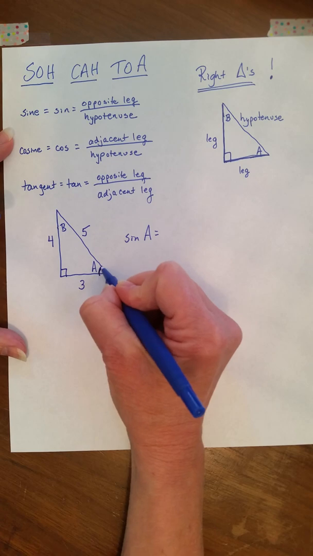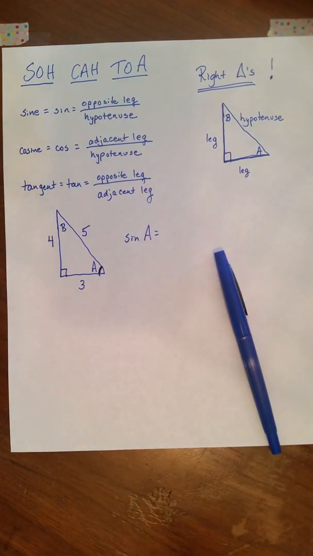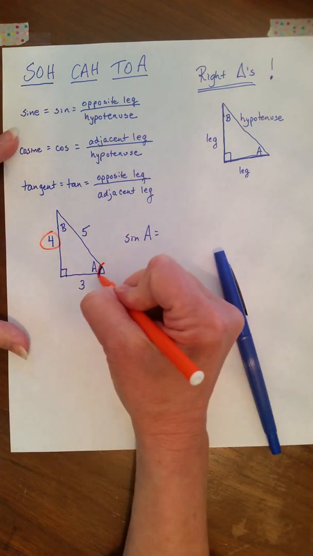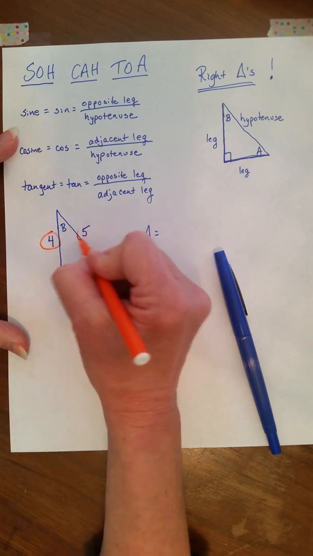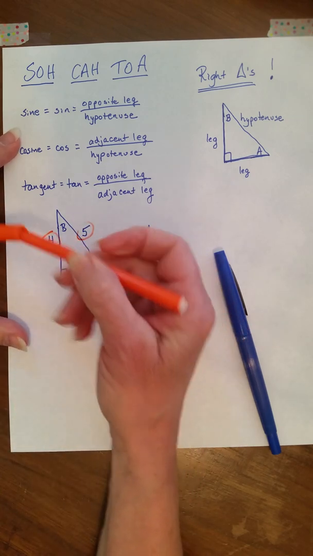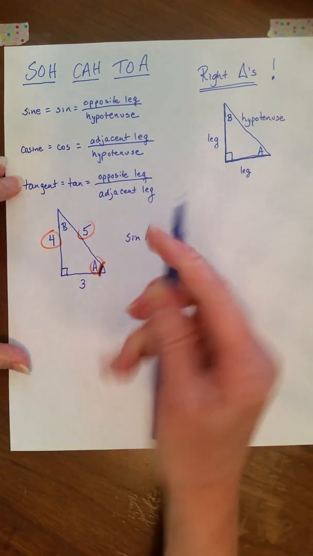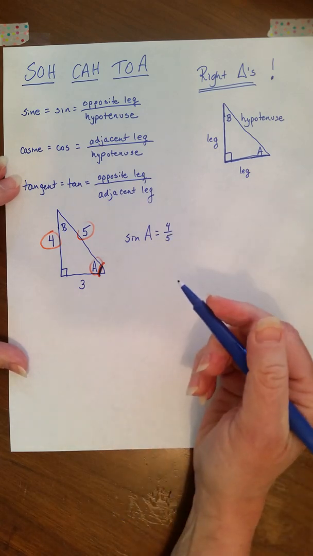With reference to angle A, 4 is the opposite leg, 5 is the hypotenuse. So the sine of angle A is 4 over 5. Okay?